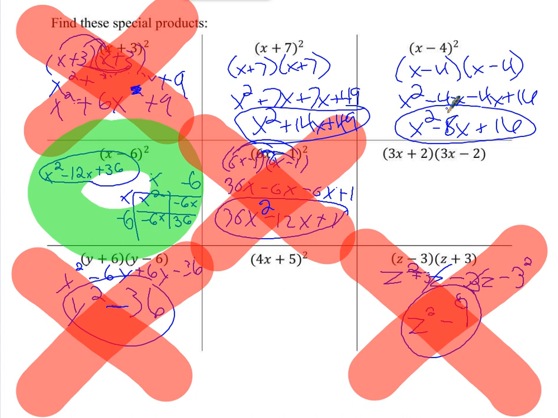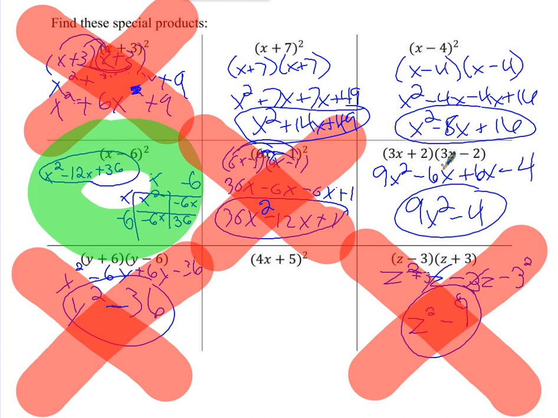So we get 9x squared. Okay, so that means my answer is, because the O term and the I term on that one disappeared, that's right, 9x squared minus 4.